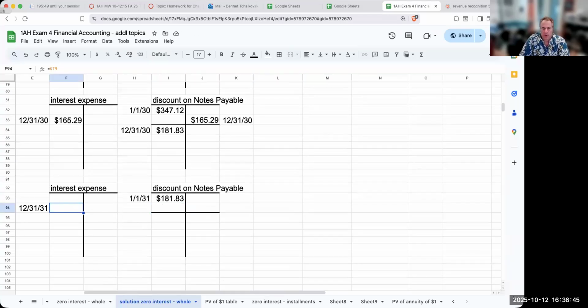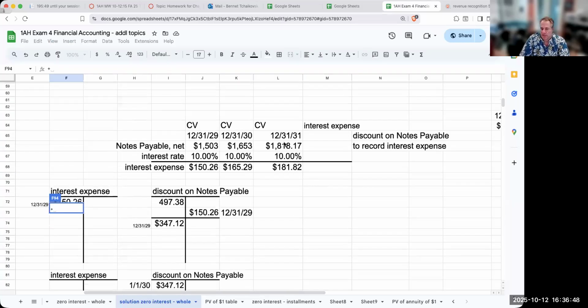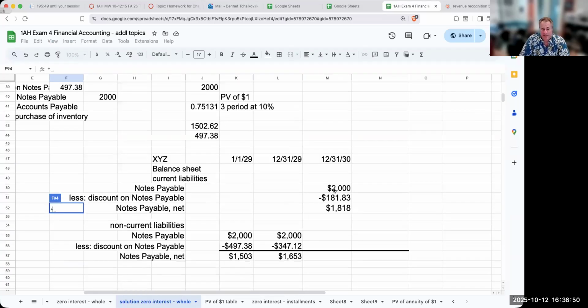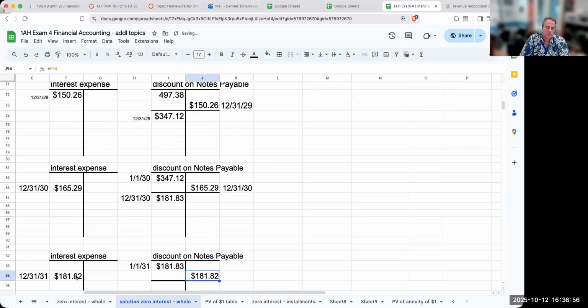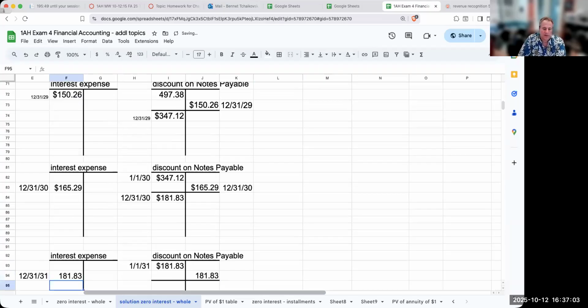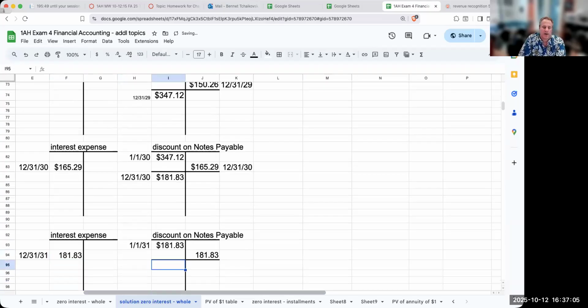So here I'm going to record interest expense of the carrying value of the note, which I get by taking the note payable less that discount. And this gives me over here 181.12. But I'm going to go ahead and do the whole thing, 181.83. And this is going to take my balance down to 0.